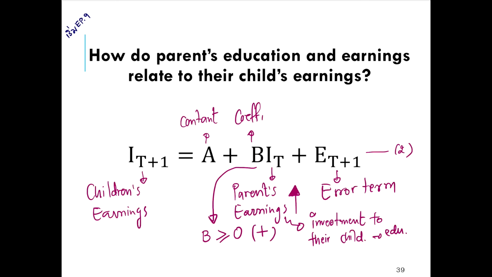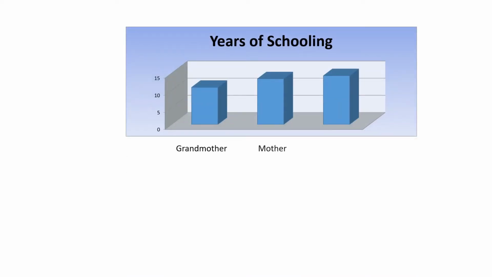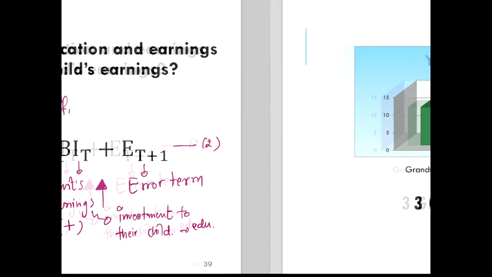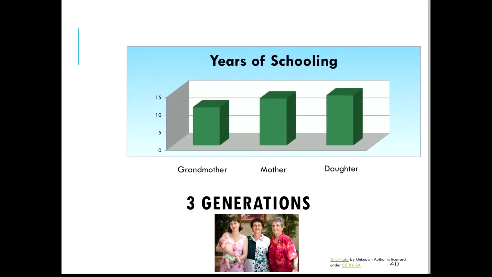So equation number 2 presents that if parents have high income, they should support their children to have high income. This is another research that tries to measure three generations: grandmother, mother, and children.